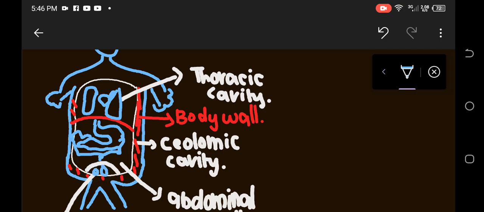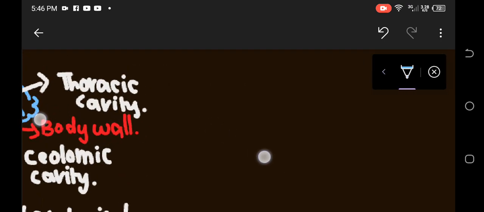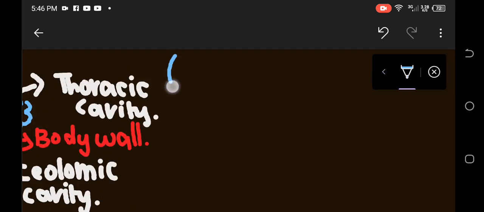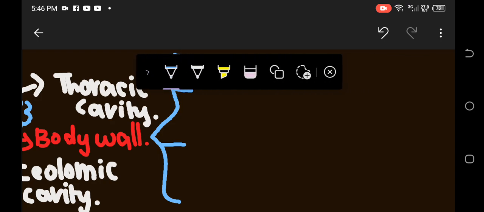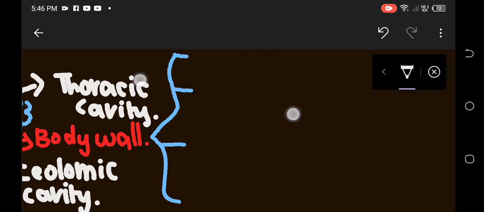In this body wall we have four types of tissue. Let's highlight them. Our first tissue is epithelial tissue, through which all our body structures are covered.